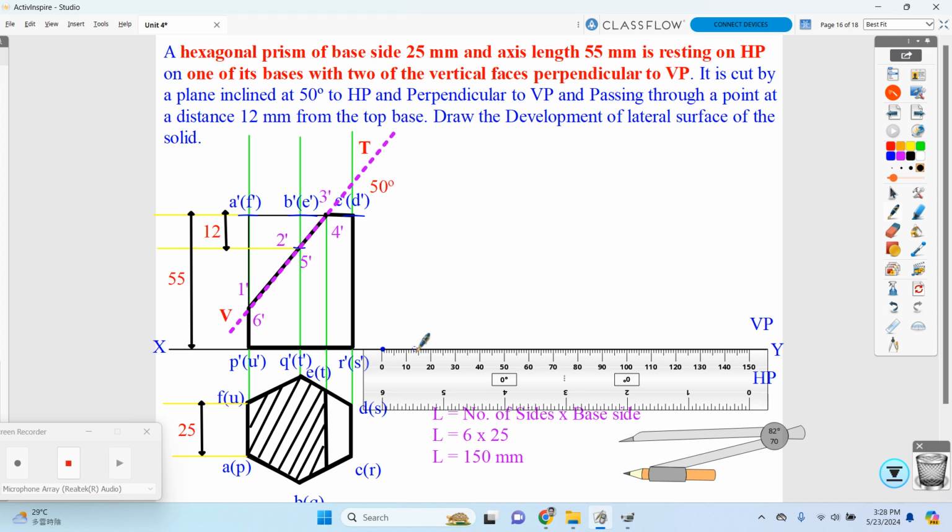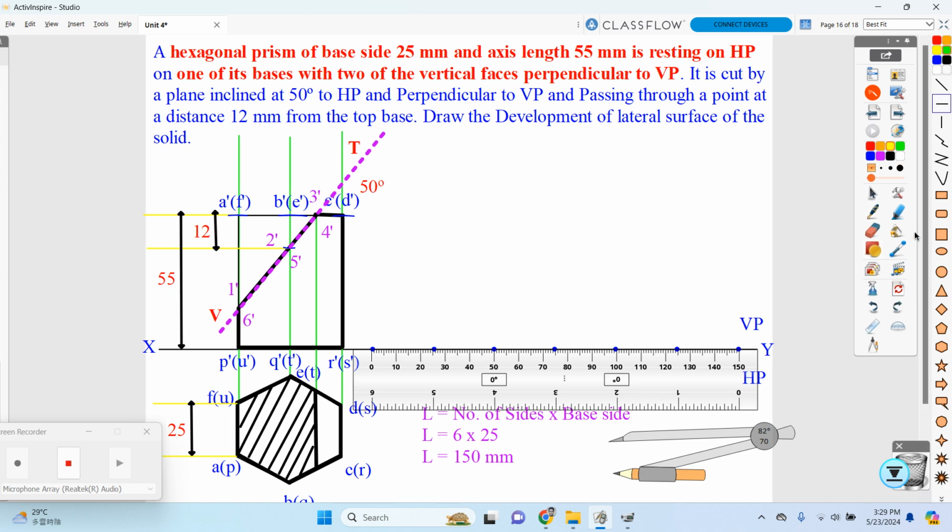What is the next point of my side? 25, 6 into 25. So this is my second point. 50, 75, 100, then 125, then followed by 150. Okay, if you just plot like this, you can easily complete the problem in a short time. Or else each time you have to take your pencil and mark over here.